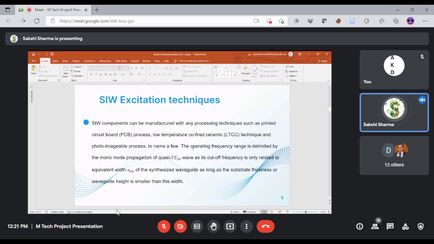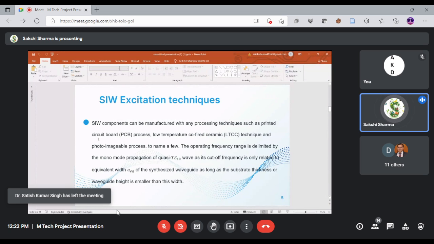The operating frequency range is delimited by the TE10 wave, as its cutoff frequency is only related to the equivalent width of the synthesized waveguide as long as the substrate thickness or waveguide height is smaller than this width.